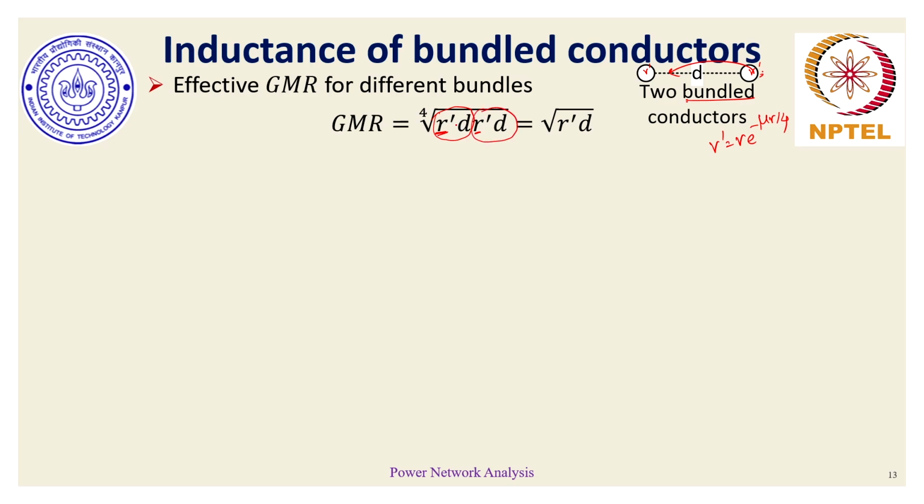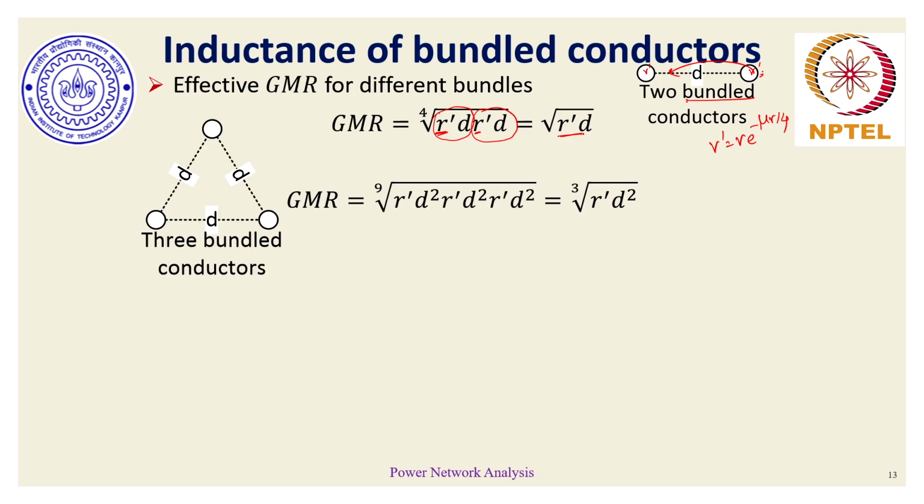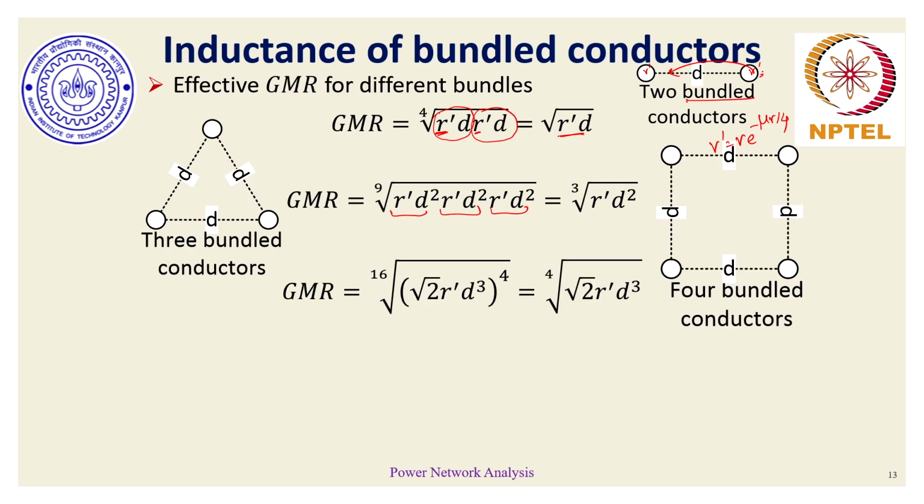So effectively the fourth root results in the square root of r dash times d. For three bundles which are symmetrically spaced apart, I'll have 9 distances, each pair having 3 distances, and I'll take the corresponding 9th root. Similarly for 4 such bundle conductors, I'll have 16 distances, and the corresponding 16th root has to be taken.